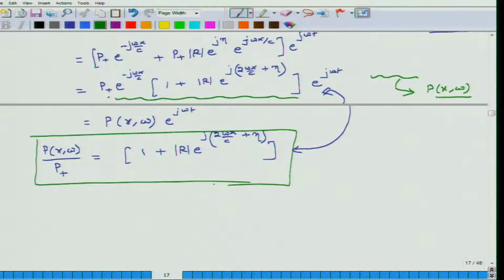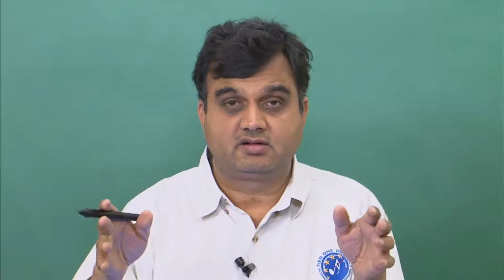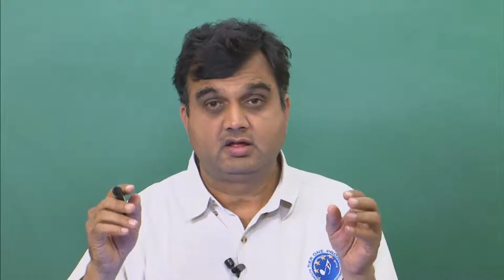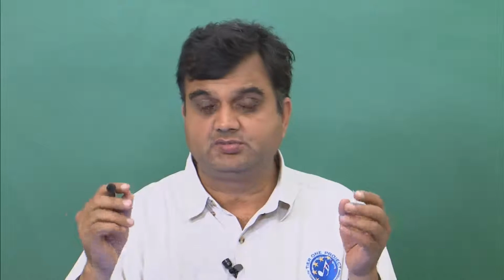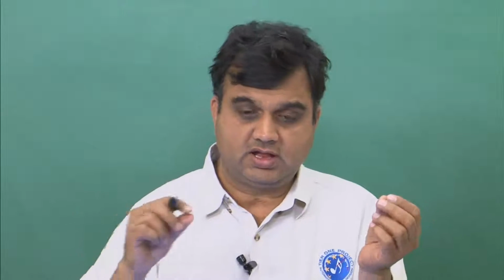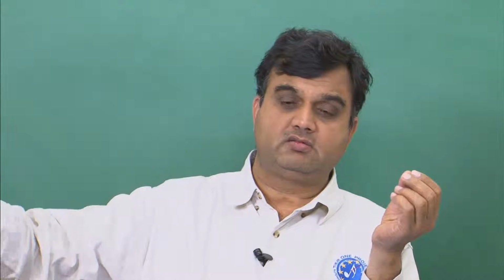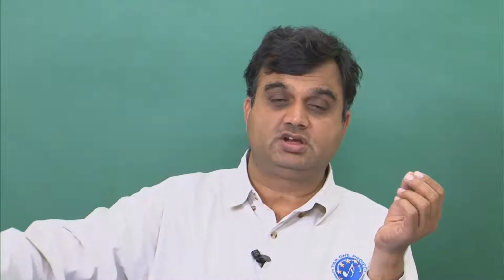And what is our goal? Our goal is to figure out the value of R in terms of the readings made by the microphone, because we can use the microphone and find the values of pressure at all locations in the tube.